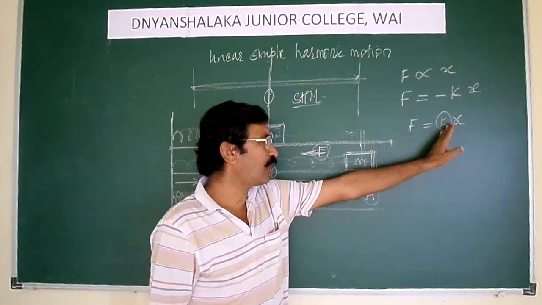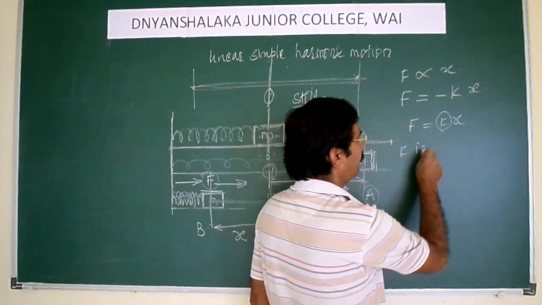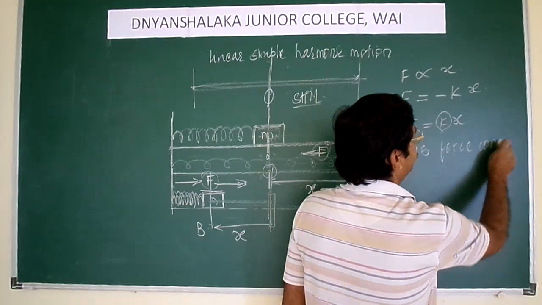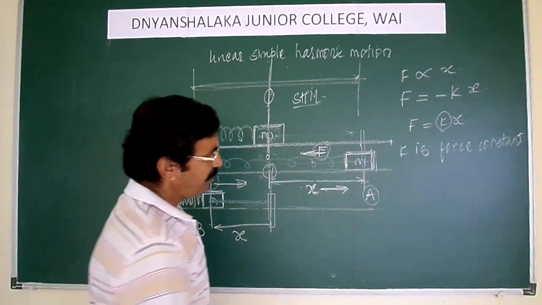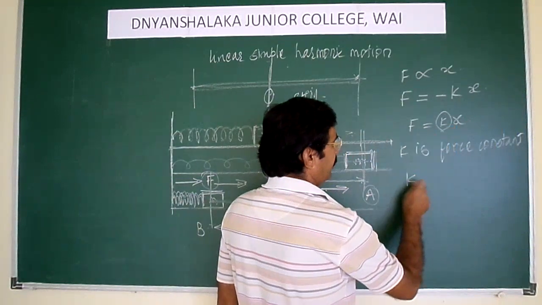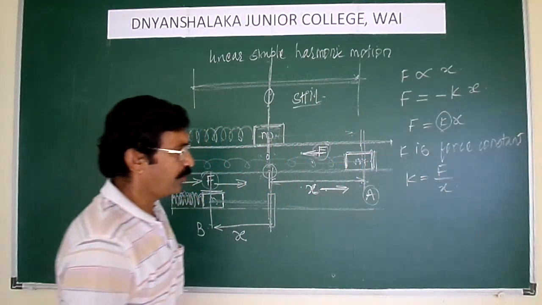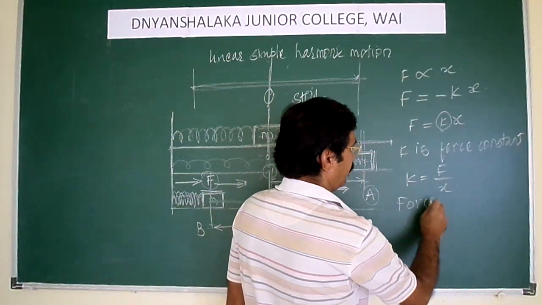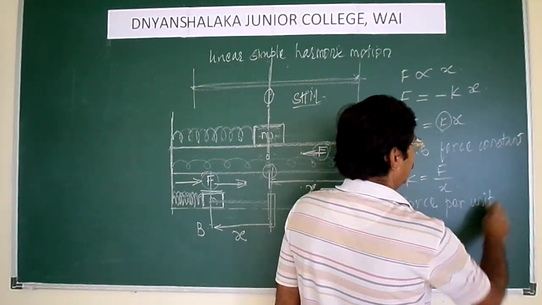It is also called the force constant. Or we can give the value of K as F upon x. So it is force per unit displacement.